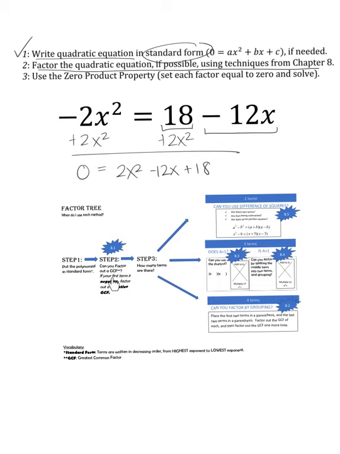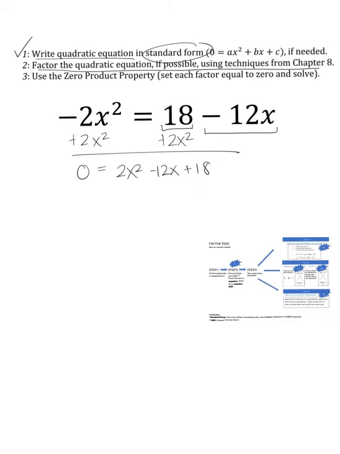Is there a GCF that we should factor out first? Yes, there is. They're all divisible by 2. So we're going to factor out our GCF of 2 first, dividing each term by 2. We're left with x squared minus 6x plus 9. This is all still equal to 0.